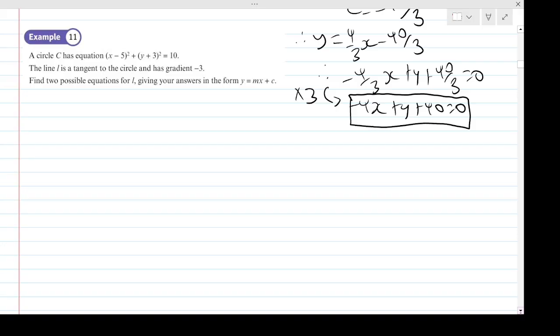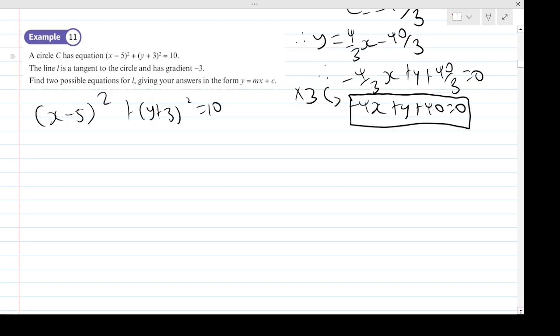Okay. So again, I think in this particular case it's a lot more effective to do the algebra method. I think it's a far simpler method. So I'll demonstrate the other method that I talked about last time here. So we are told this circle's equation is (x minus 5) squared plus (y plus 3) squared equals 10.